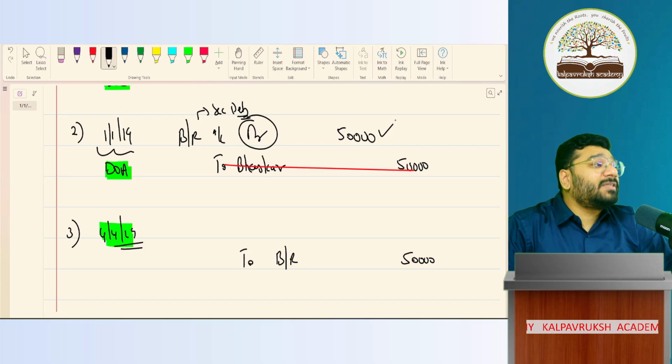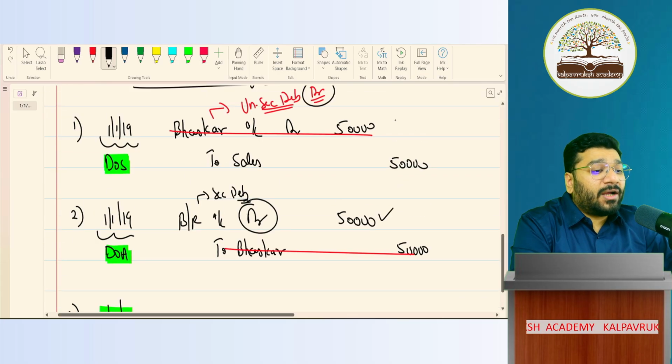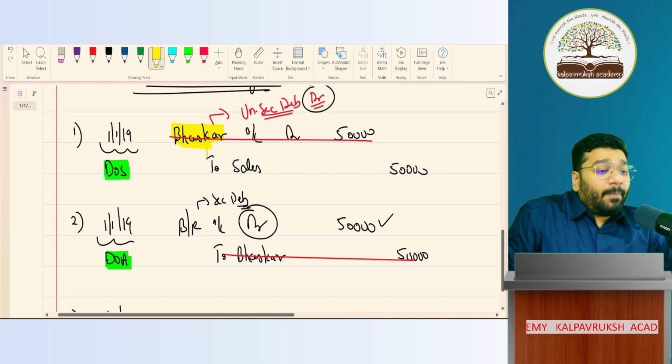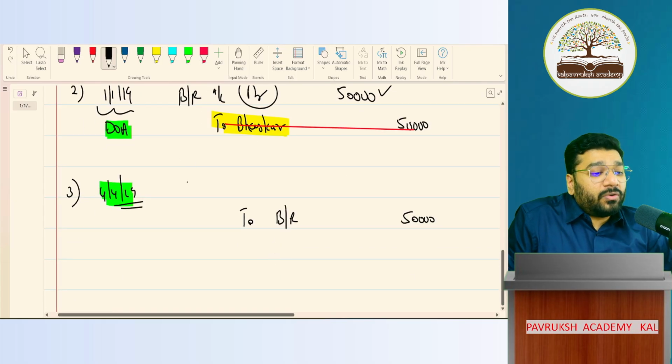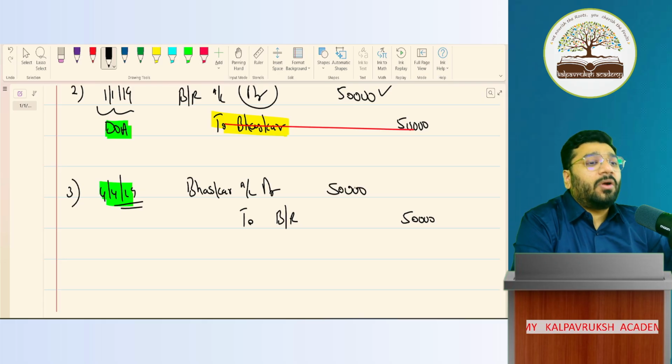I hope we'll get this money in future. With that hope, you have to recreate Bhaskar. So Bhaskar's account, what you opened here and closed here, upon dishonourment, you have to reopen. Bhaskar account debit 50,000 to bills receivable. Got it, not got it?